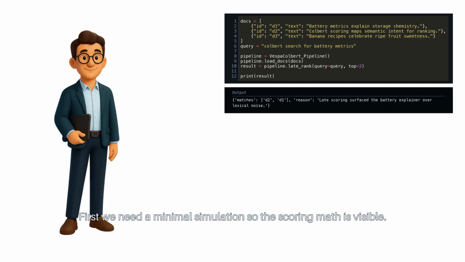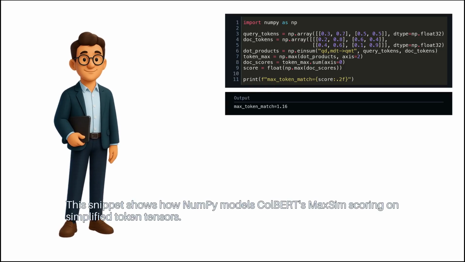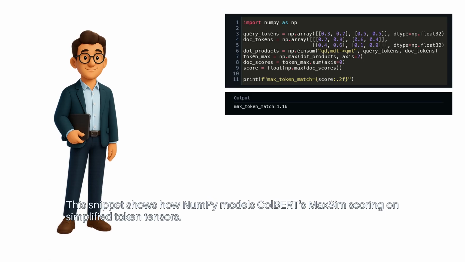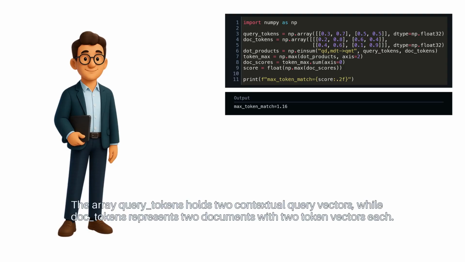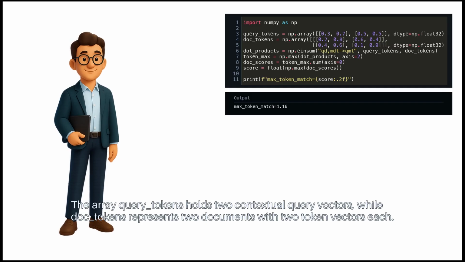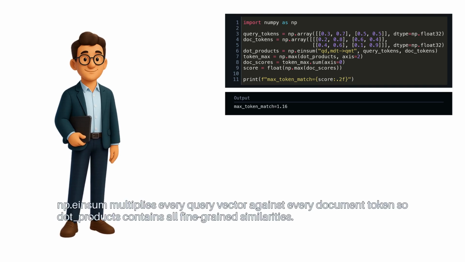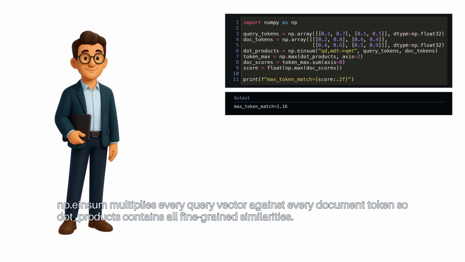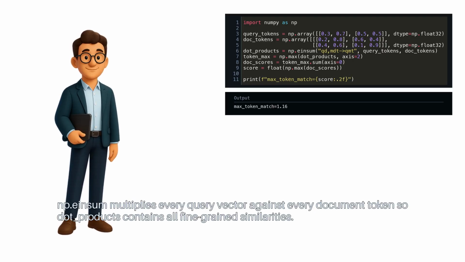First, we need a minimal simulation so the scoring math is visible. This snippet shows how NumPy models ColBERT's MaxSim scoring on simplified token tensors. The array query_tokens holds two contextual query vectors, while doc_tokens represents two documents with two token vectors each. np.einsum multiplies every query vector against every document token, so dot_products contains all fine-grained similarities.